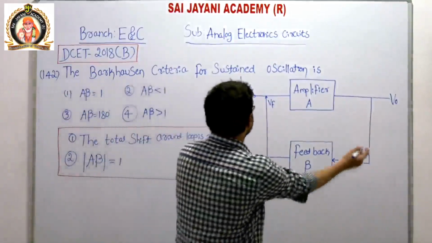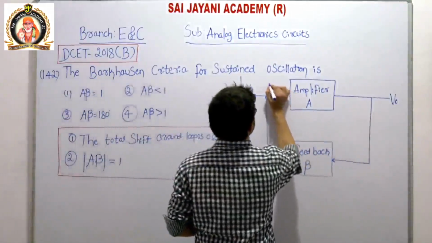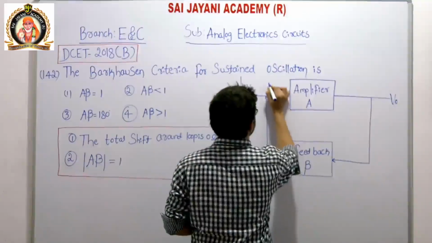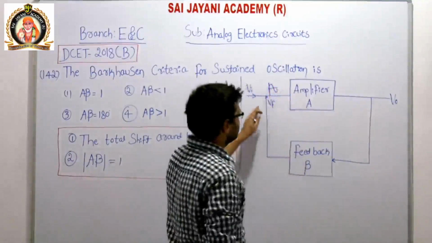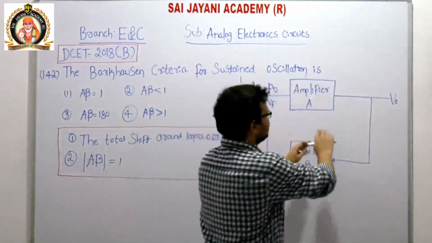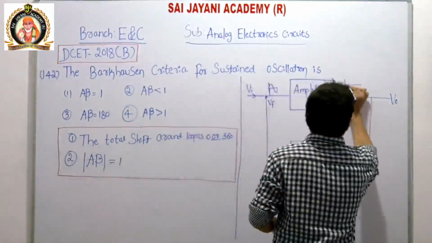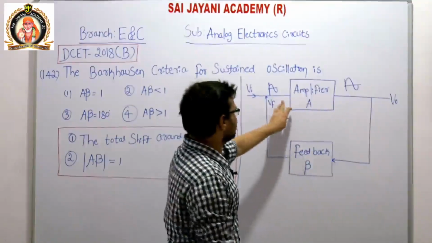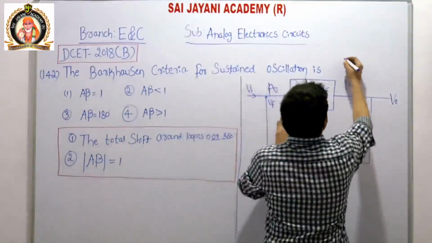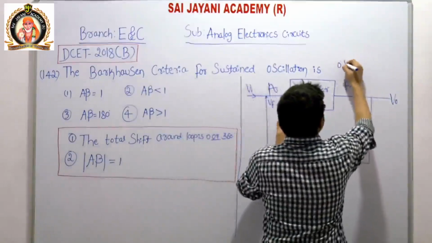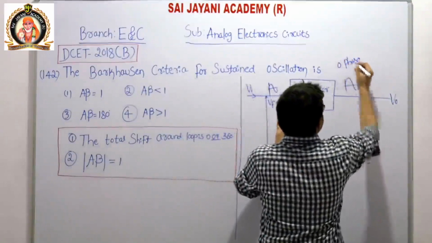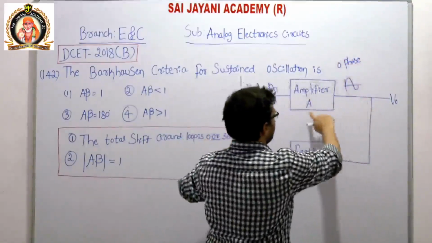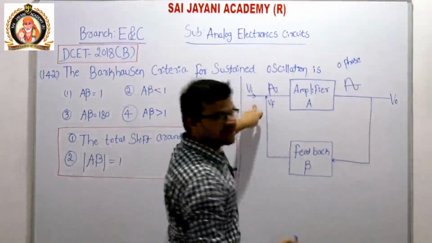That means if you give an AC signal to the amplifier circuit, then you get the same AC signal. That means there is no phase shift. Here 0 degree phase shift exists between the output of the amplifier circuit and the input signal.